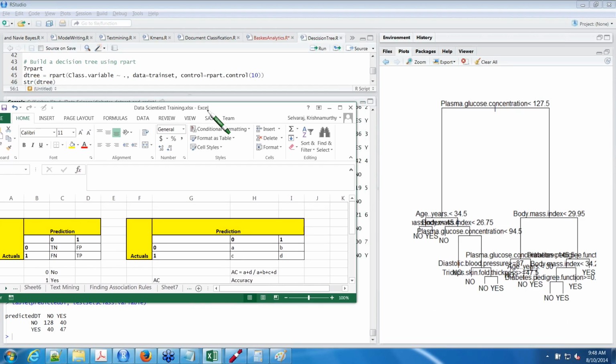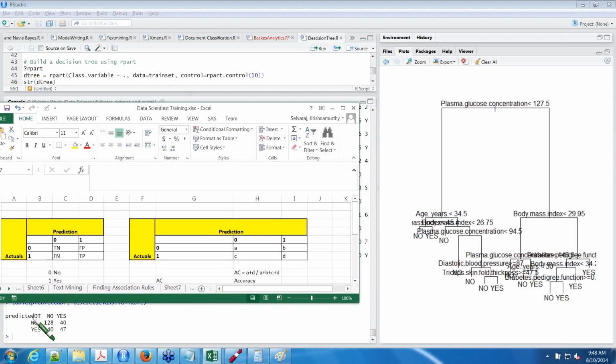This side is called the actuals, the top side is called the prediction. So I am going to predict no and yes, which will be termed as 0 and 1. 0 is for no and 1 for yes.